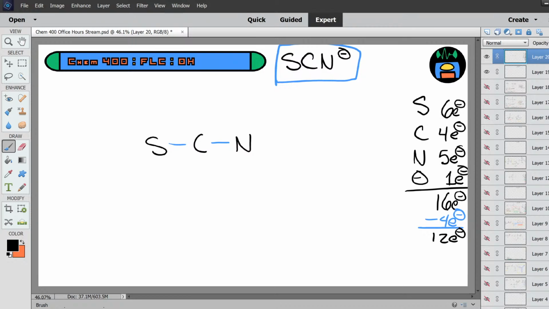All right, and now we can complete sulfur's octet if we spend 6 electrons, leaving us with 6. And we can complete nitrogen's octet if we spend our remaining 6 electrons.